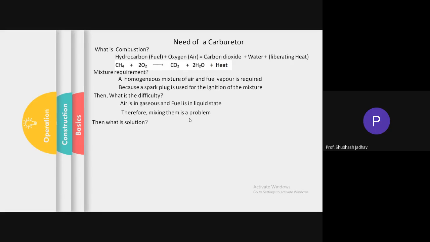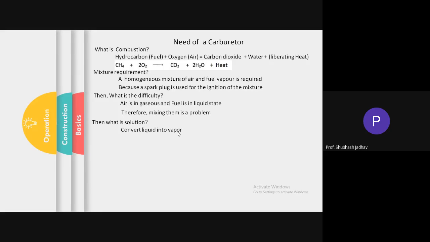So then what is the solution? Somehow we have to find a solution. Here we have to convert the liquid into vapor. That is the solution. So the liquid fuel is being converted into vapor, and once it is in the vapor state, then it can be mixed with air, which is in the gaseous state.